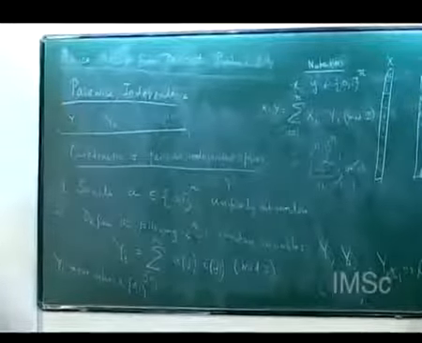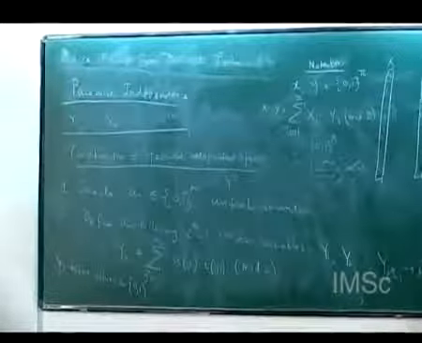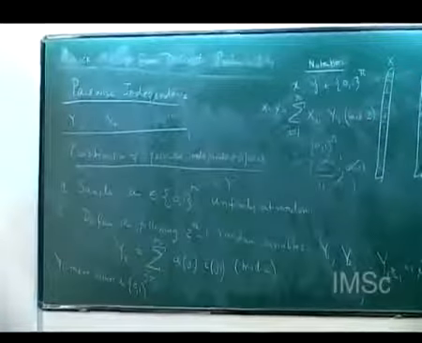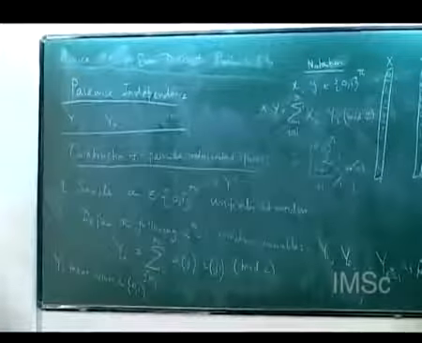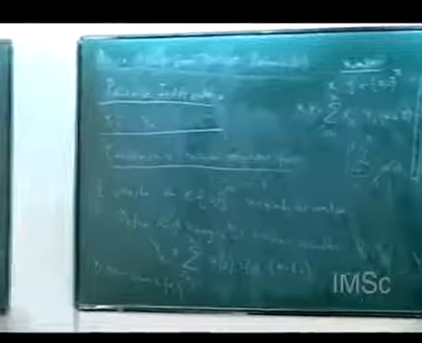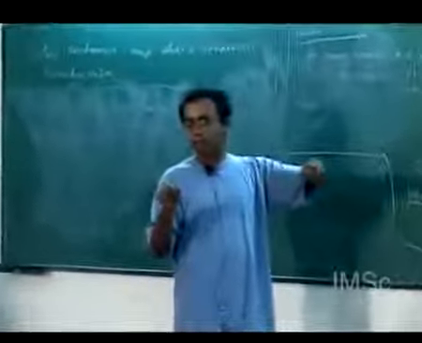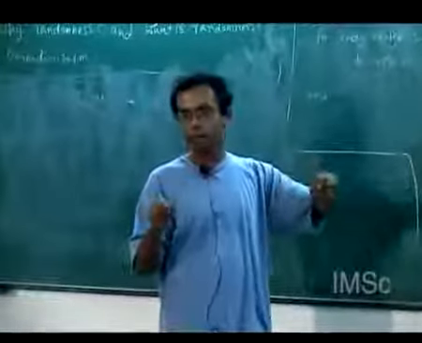Is the construction clear? The claim is that y1 to y2 power r minus 1 forms a pairwise independent set of random variables. You take any two yi and yj, they are pairwise independent. Let me write that claim.